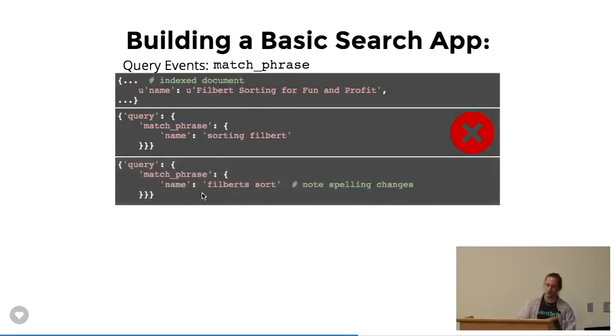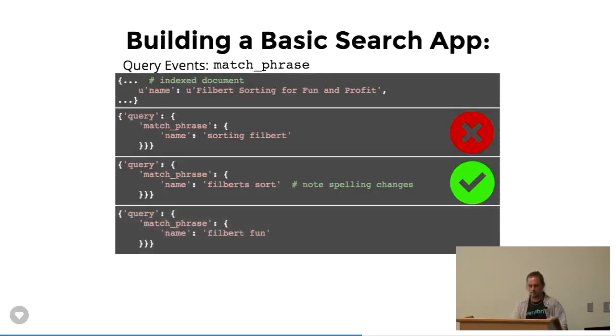However, if we search for Filbert's space sort, that is a match despite the fact that it's different from the original document. The original document has uppercase and has different parts of speech. But think about as a user looking for something, you don't quite remember the name of the movie, but you're probably going to get something like this. So getting these type of fuzzy matches is a specialty of search technology.